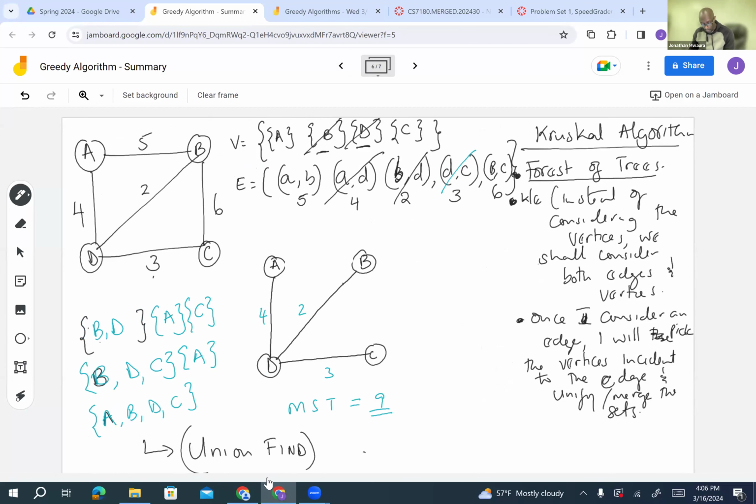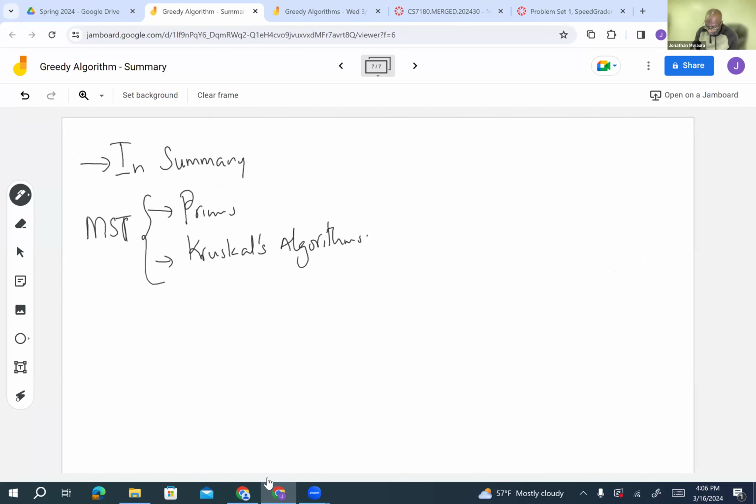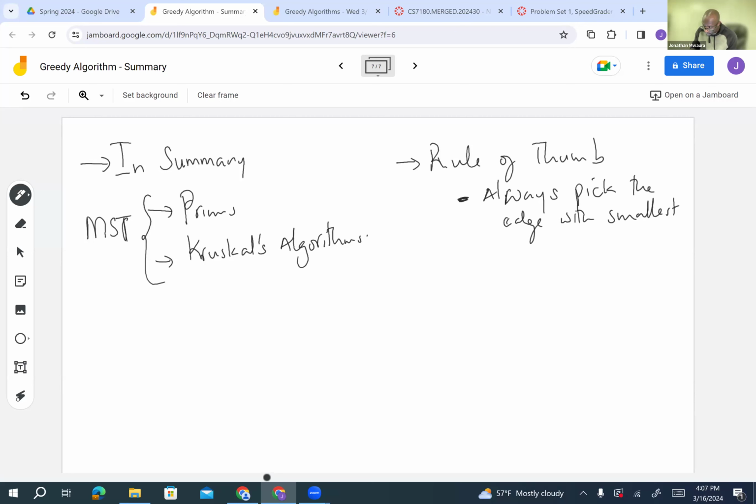We came up with a rule of thumb, and this was always: pick the edge with the smallest weight. That's what we are doing the whole time. Always pick the edge with the smallest weight to form a tree.